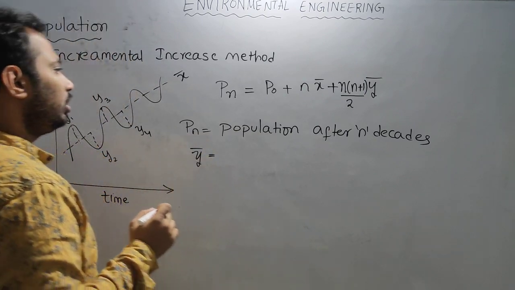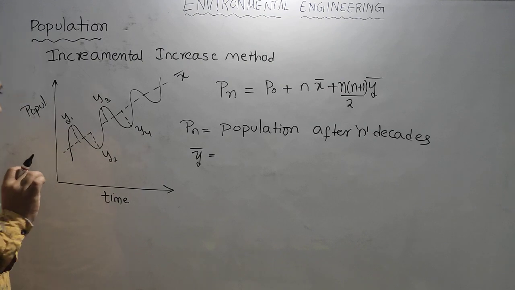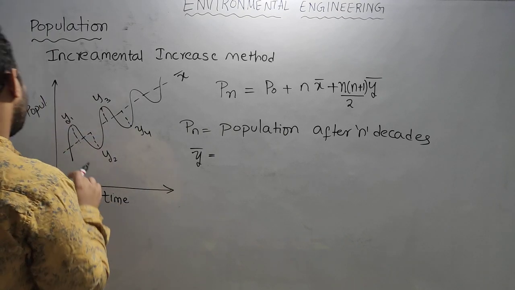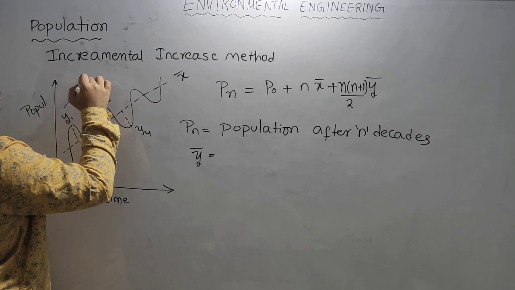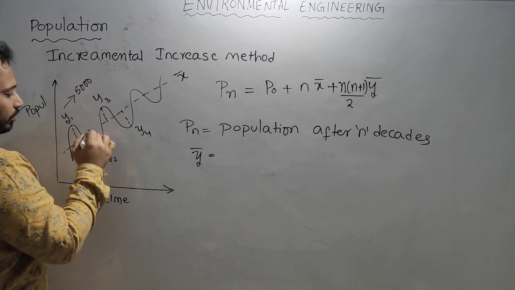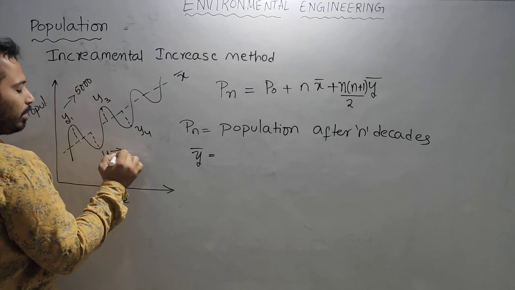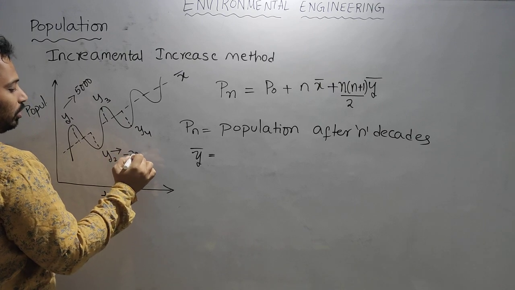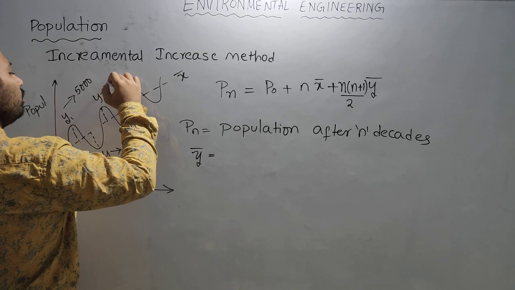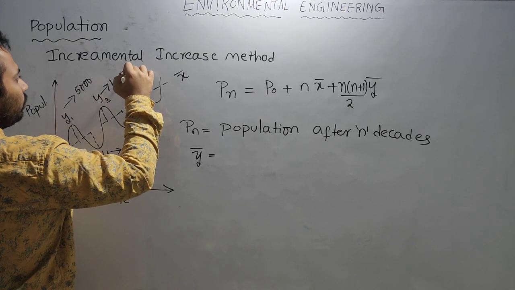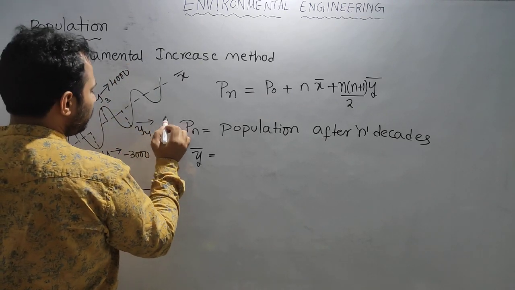The Y bar is, see here, during the calculation of the Y bar you need to consider the sign. For example, if it is coming as 5000, then this one is going down, that means let it be minus 3000. Let this be again 4000, and again minus 6000.